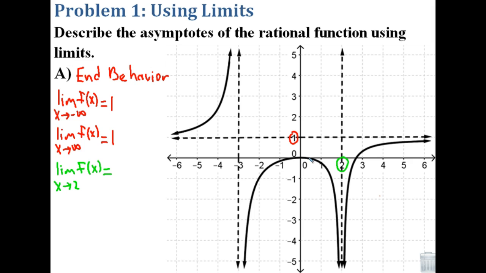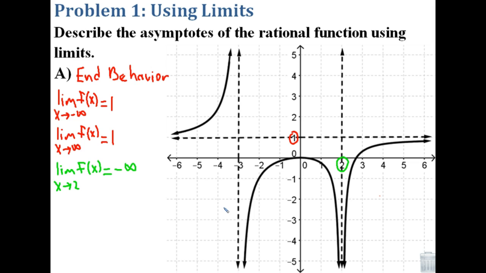As x is approaching 2 from the left and right, since my graph's continuing down forever, I'll say that limit's equal to negative infinity. Again, all that's saying is that the closer x gets to 2, the farther down my graph goes.